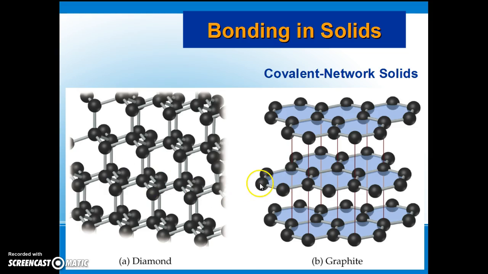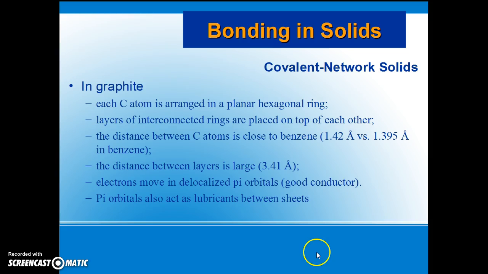We'll see that graphite, on the other hand, is a series of sheets of carbon-carbon covalently bonded atoms that are loosely connected sheet to sheet. In graphite, each carbon atom is arranged in a planar hexagonal ring, such as you saw in the previous slide.